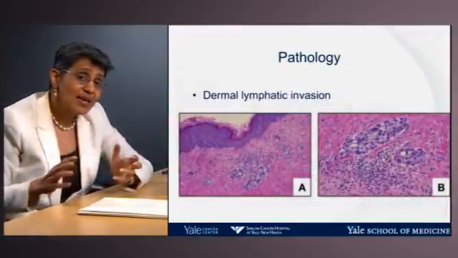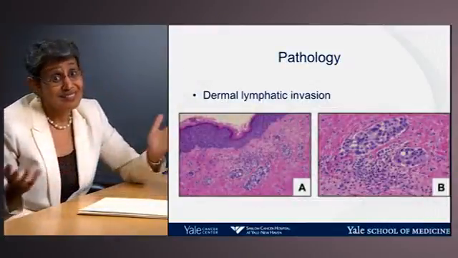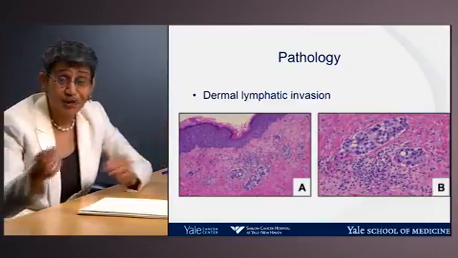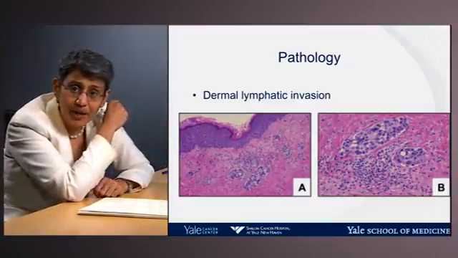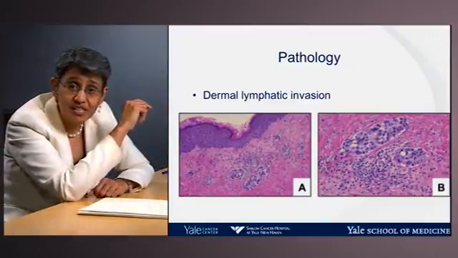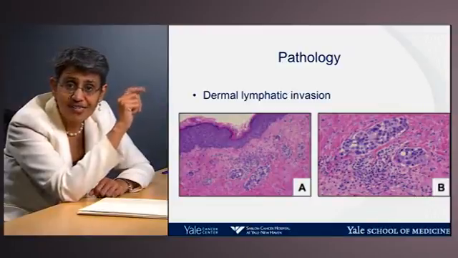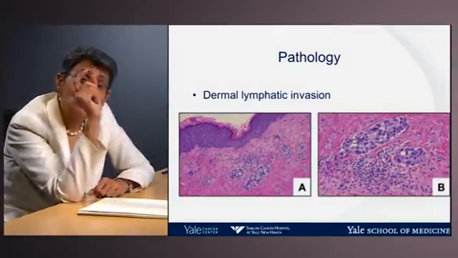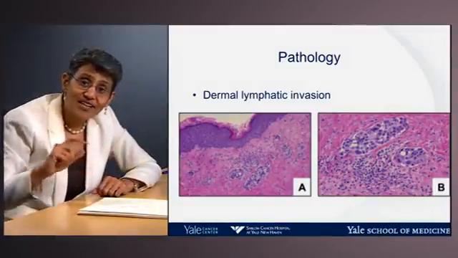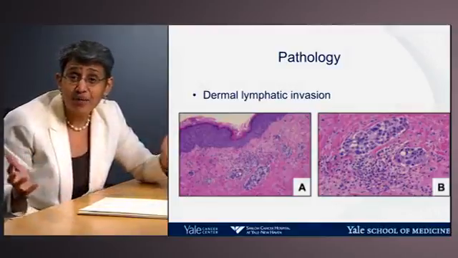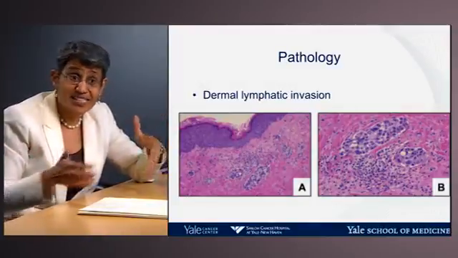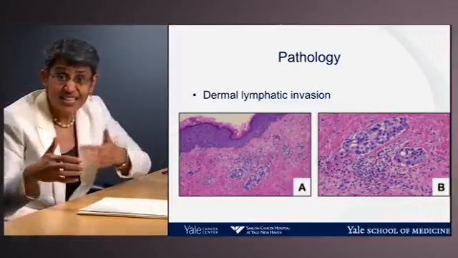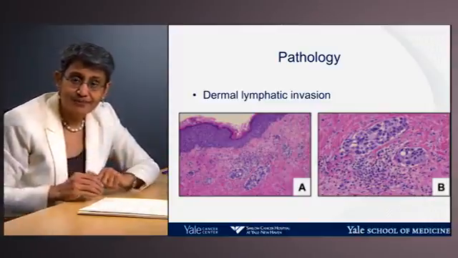Now, how do we make the diagnosis? Well, tissue, as always, is the issue. We do this with a little punch biopsy, a little biopsy of the skin. This can be done in the office. And what are we looking for? We are looking for dermal lymphatic invasion. This is pathognomonic. Pathognomonic means if we see this, it is inflammatory breast cancer.